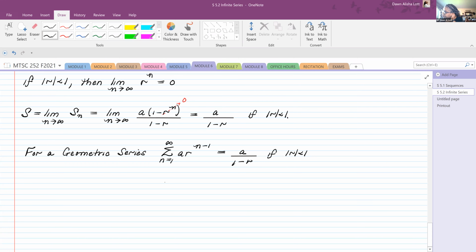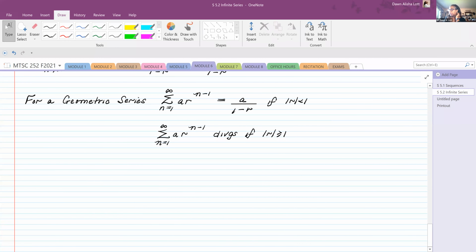And the sum n equals 1 to infinity of ar to the n minus 1 diverges if the absolute value of r is greater than or equal to 1. Okay, nice and simple. All right, here we go.